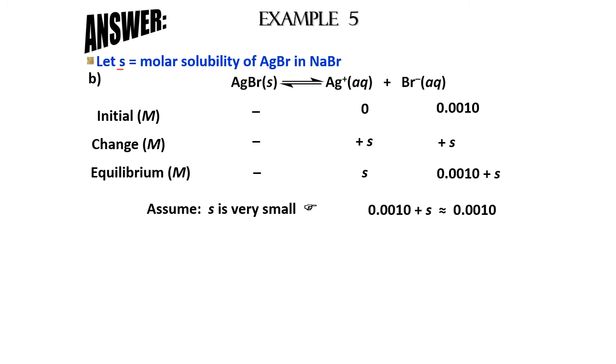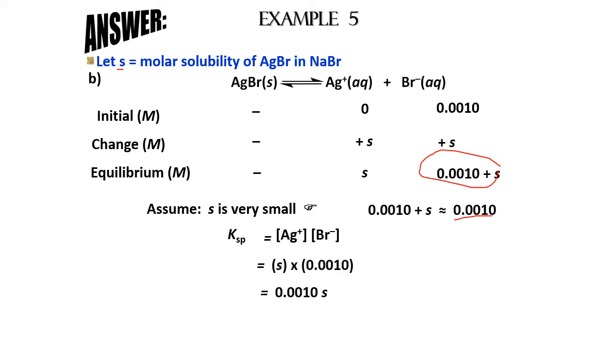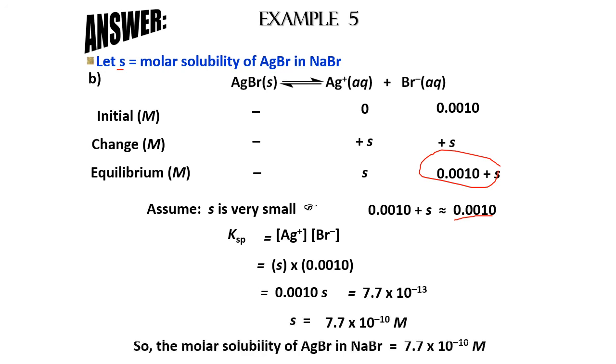We assume that s is very small, that's why we ignore the s, meaning that this is equal to 0.001. So Ksp, you substitute s times 0.001, you get 0.001 s. So what is the s value? Just normal calculation, divided by 0.001, so we get 7.7 times 10 to the power of -10 molar. This is the molar solubility of silver bromide in sodium bromide.